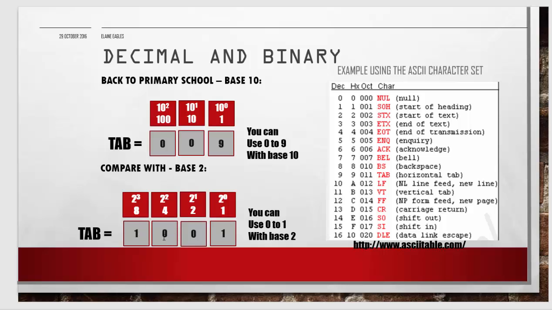This one's no good because that's 4, and the highest value we could have with 3 digits is 7, so we needed to have the fourth place. So that's your 2 to the power of 3. That gives us 8. 2 times 2 times 2 is 8. So 8 plus 1 is 9, and that's how we get our binary. So binary for a tab is 1001, whereas it's 009 for the decimal equivalent.